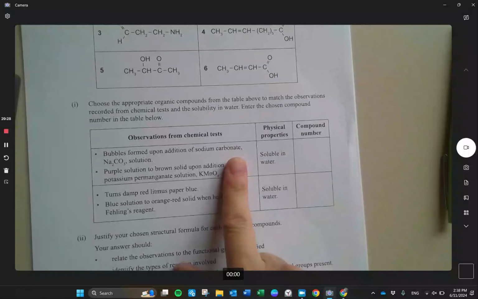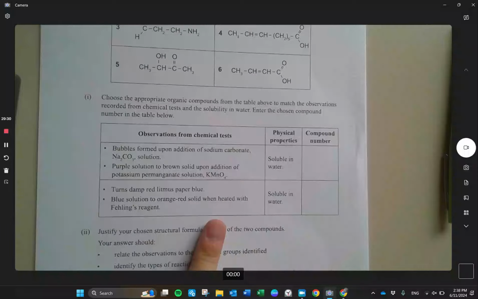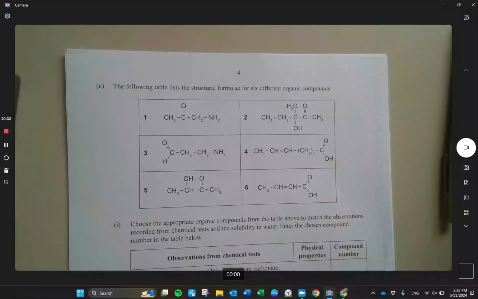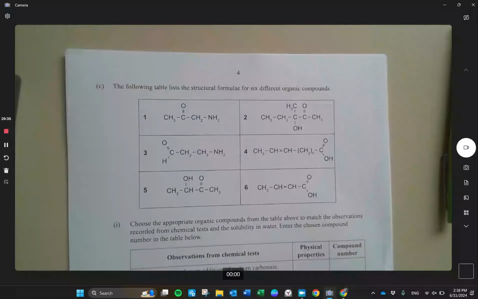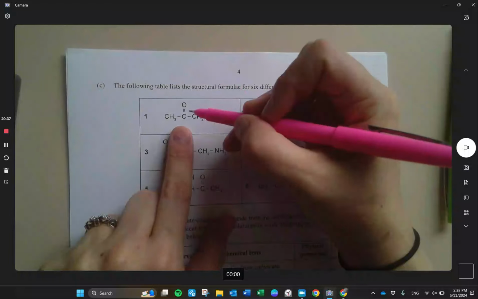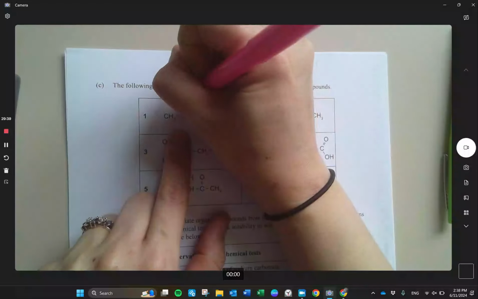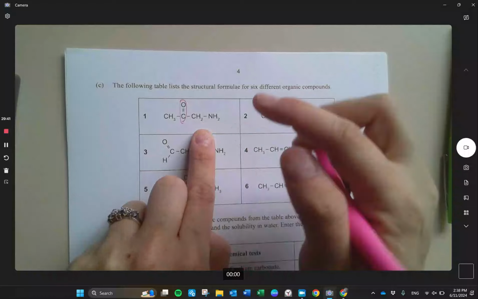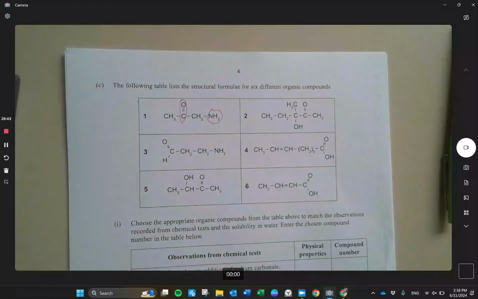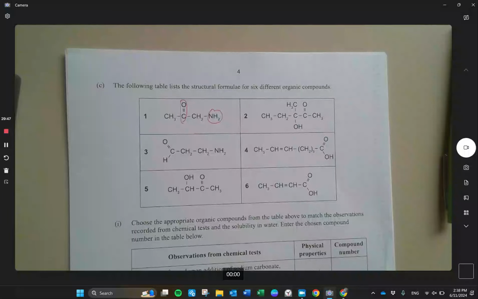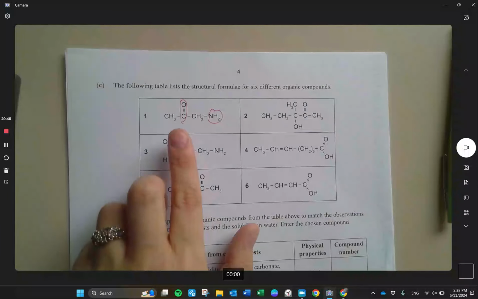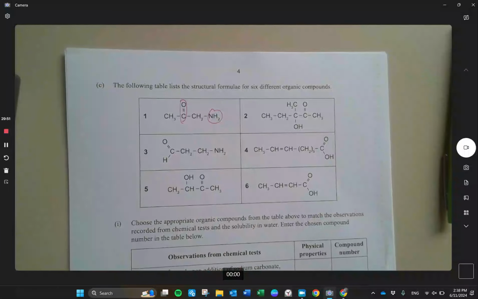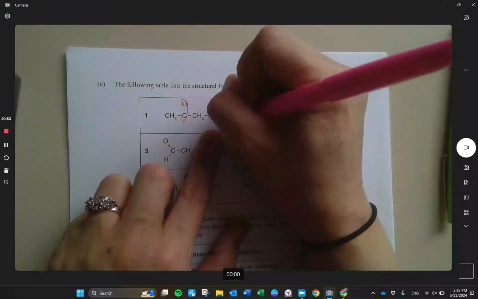All right. So up here, we see how we have a C double bond O, right there. We also see this bit here. Now, is the carbonyl and the amine attached to the same carbon? They're two separate ones, right? So it's not an amide. This is our amine. And then this is a ketone.